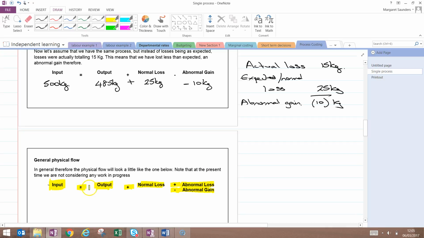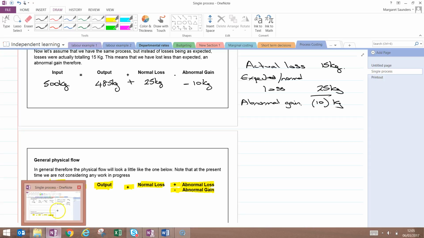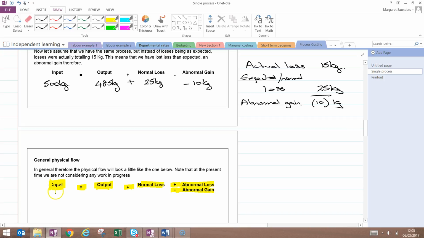So this is important. First thing you need to do, and it will then make your process costing calculations a lot easier once you have this physical flow. Remember, this is quantities only that goes into the physical flow.